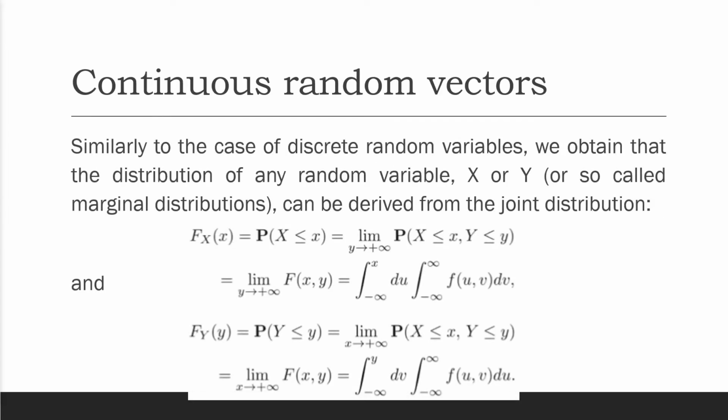Similarly to the case of discrete random variables, we obtain that the distribution of any random variable X or Y, the so-called marginal distributions, can be derived from the joint distribution.